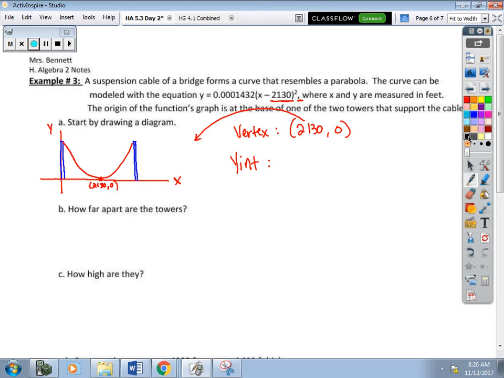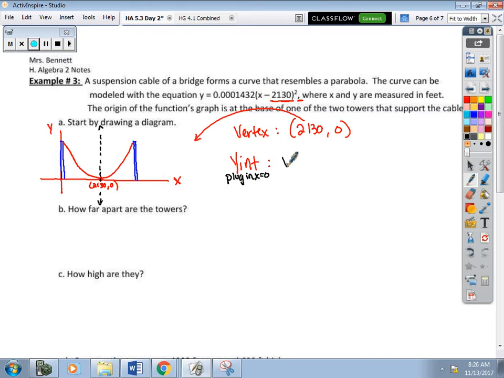You also might want to sketch in your axis of symmetry. And then usually I say just find the y-intercept right away too, and then we can figure out what answer goes to what question. So to find the y-intercept, remember that means to plug in 0 for x.